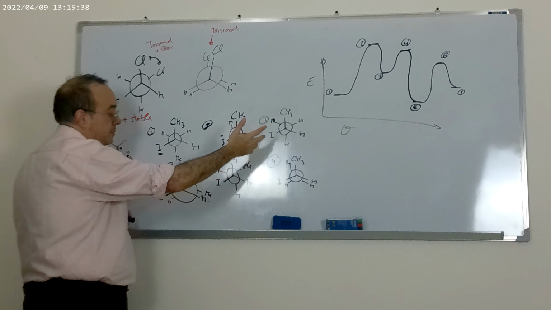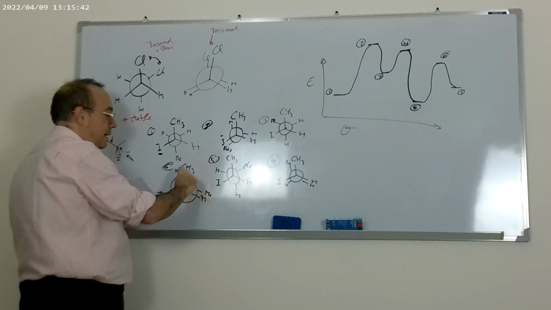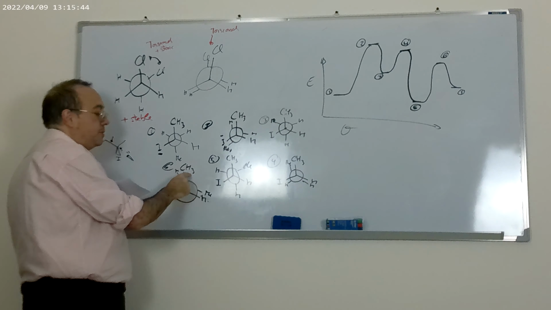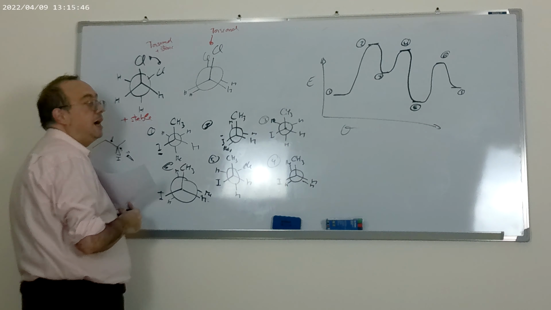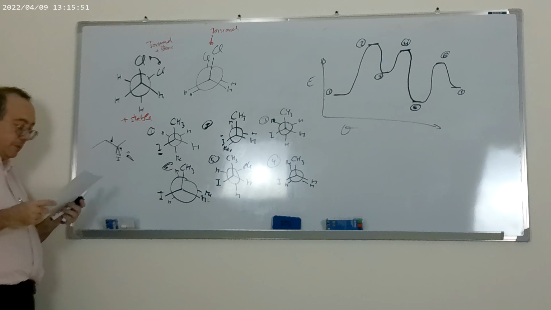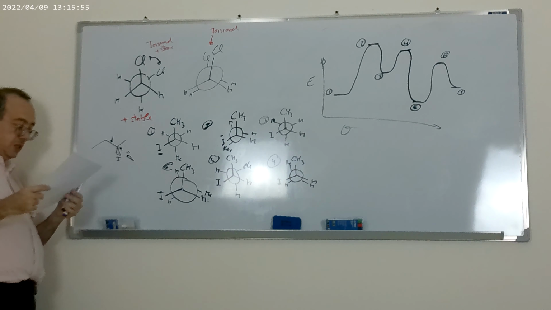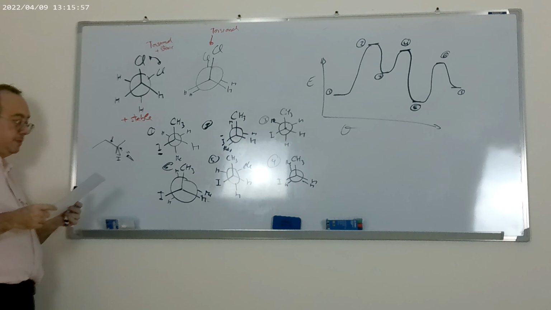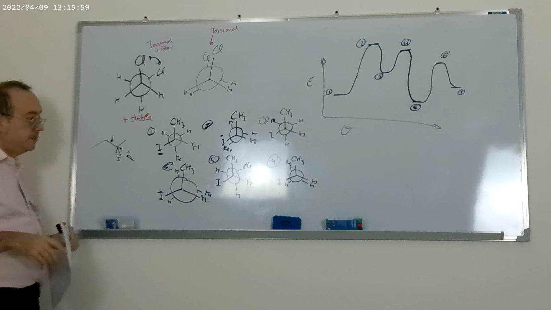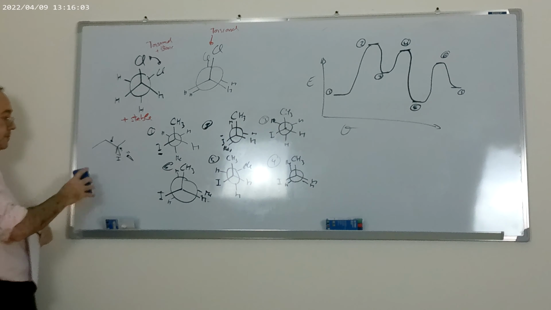This will be slightly more stable than this, but this will be the most stable because each big group is facing a hydrogen. And the same for the staggered. We have to analyze one by one. Okay? Good.